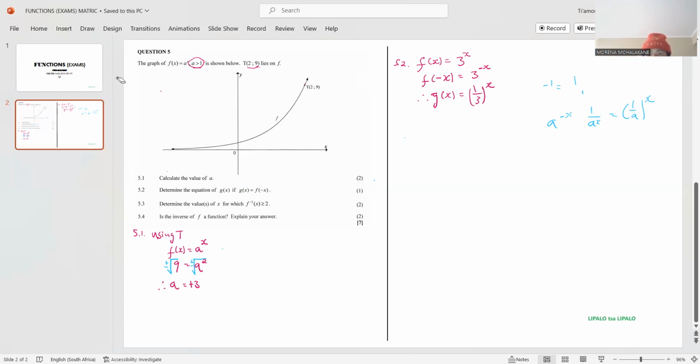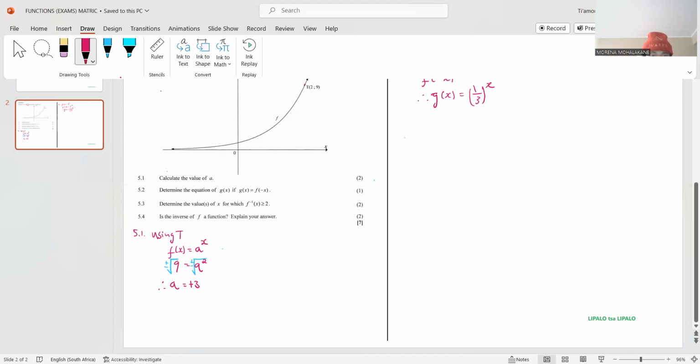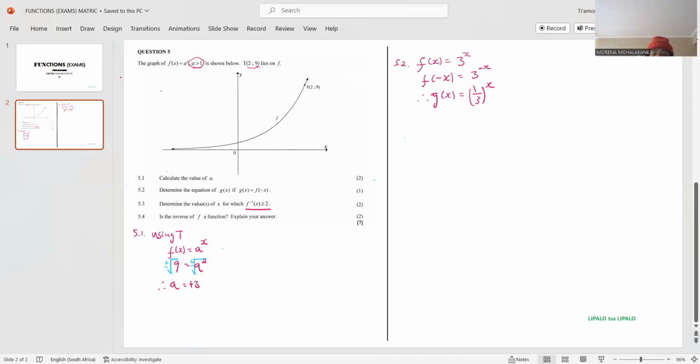Third question. Determine the values of x for which the inverse is greater than 2. Okay, good. Look at the marks.